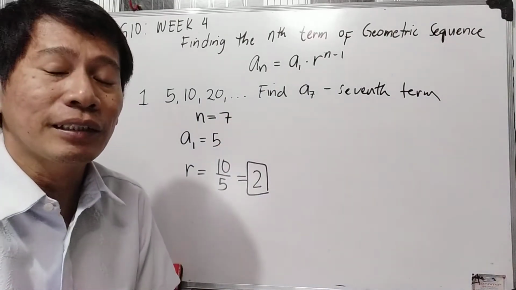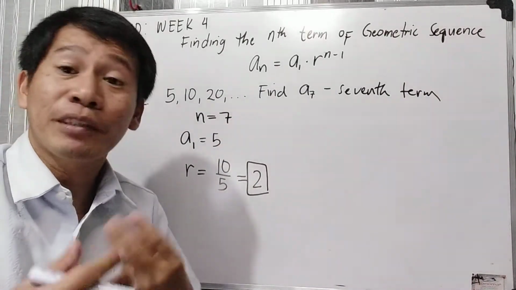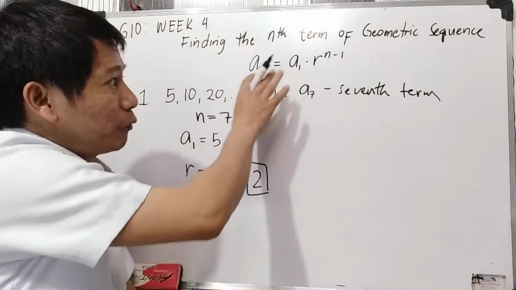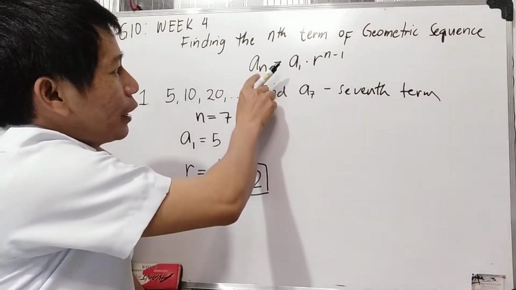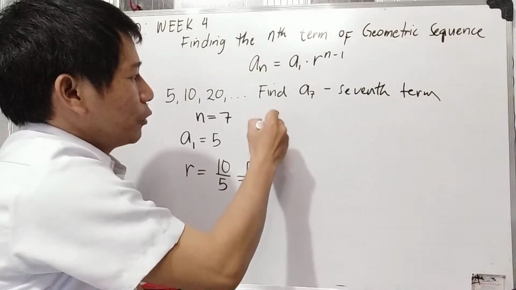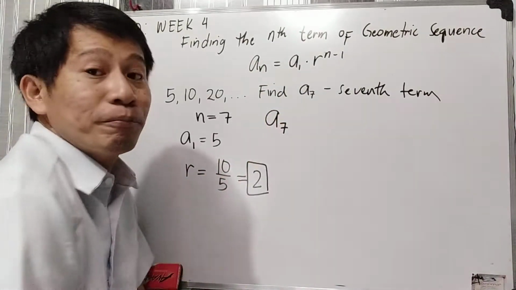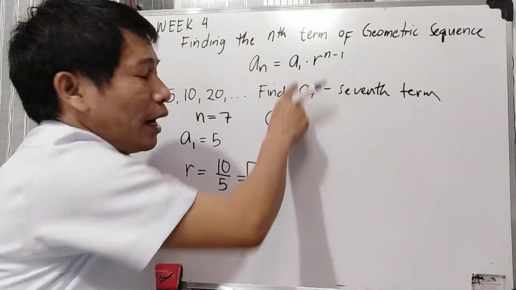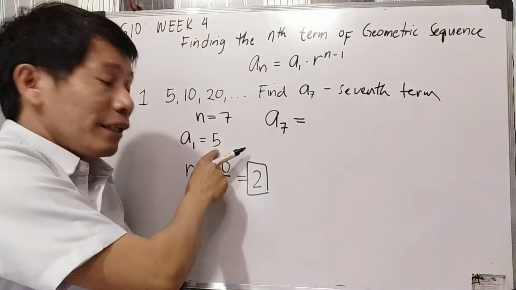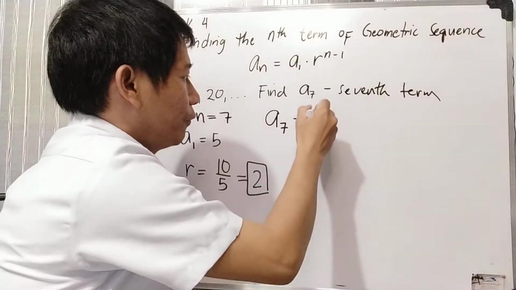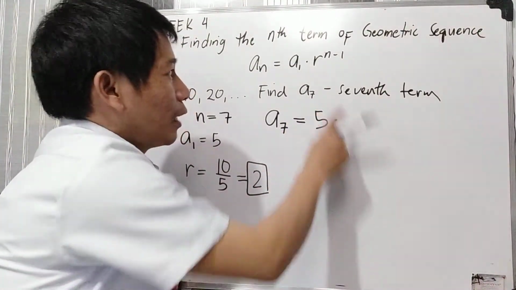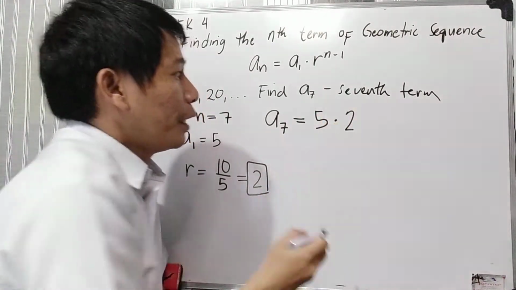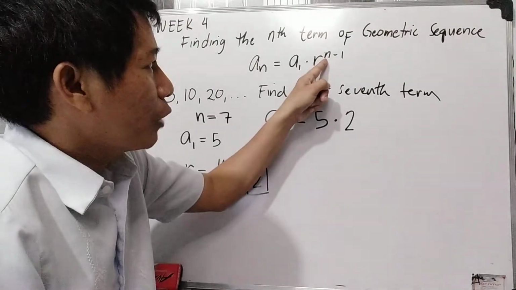What you will do is substitute the given values into our formula. So a sub n, we are going to have a sub 7, so our n is 7, is equal to a sub 1, our first term, which is 5, times r, our common ratio, which is 2, raised to n minus 1.